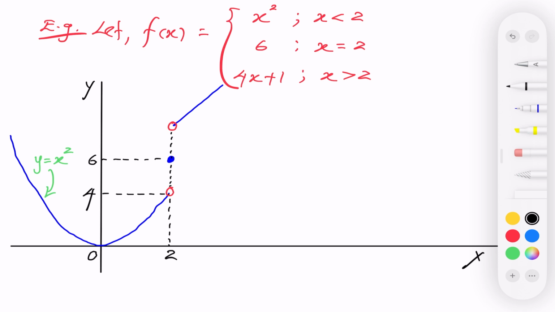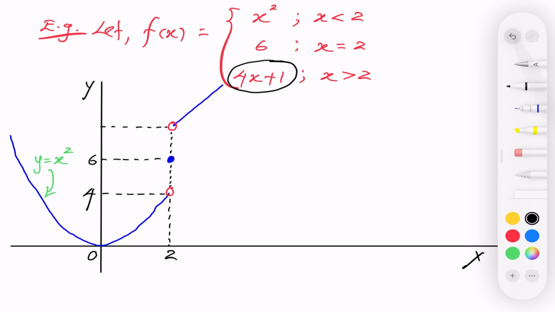However, I can find the value right here. How do I find that corresponding y value? We know this piece of that piecewise function is defined for all the x values that are greater than 2. That means if I have a value such as 2.00001, the corresponding y value should be found using this equation, y equals 4x plus 1.